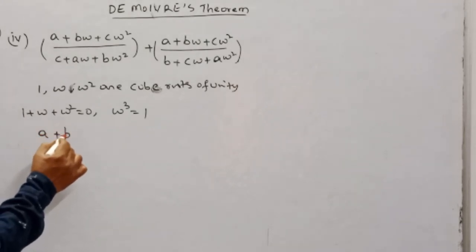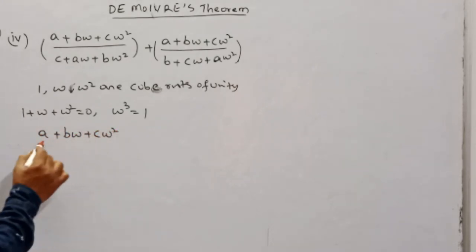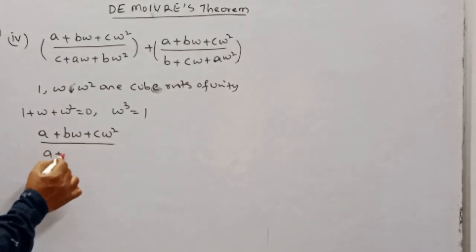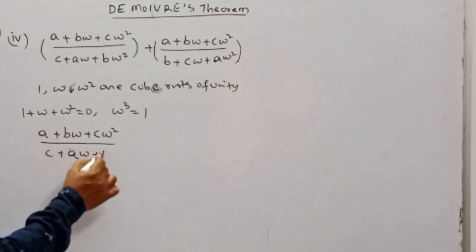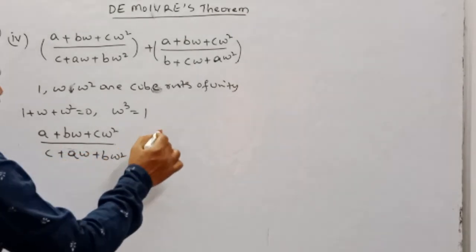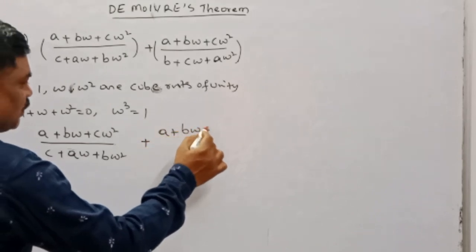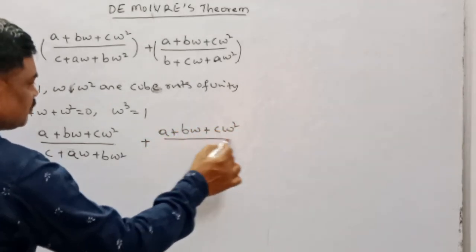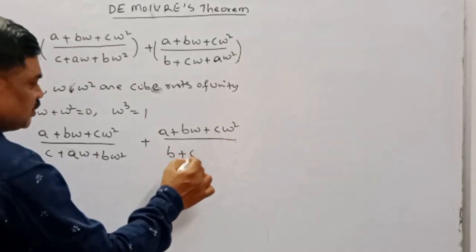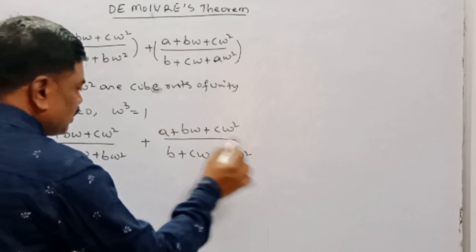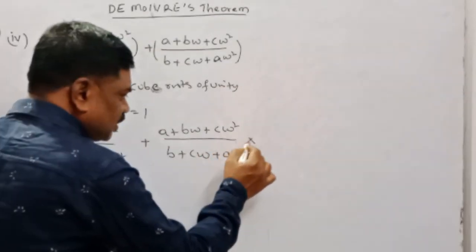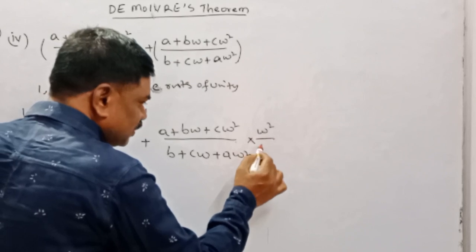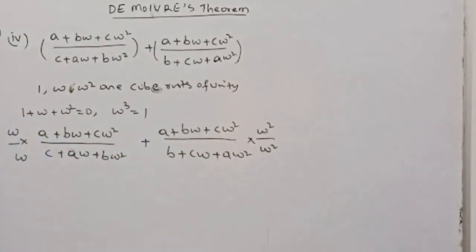So you take this one: (a plus b omega plus c omega square) by (c plus a omega plus b omega square) plus (a plus b omega plus c omega square) by (b plus c omega plus a omega square). Here this term you can multiply with omega and divide with omega. This term you can multiply with omega square and divide with omega square.